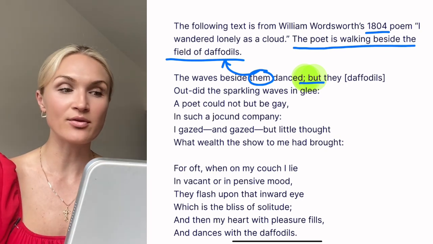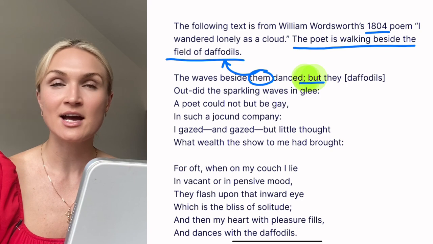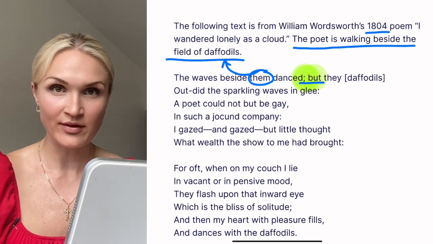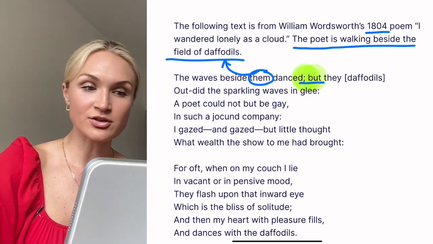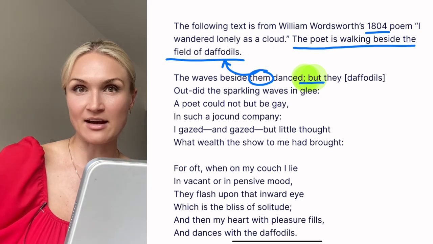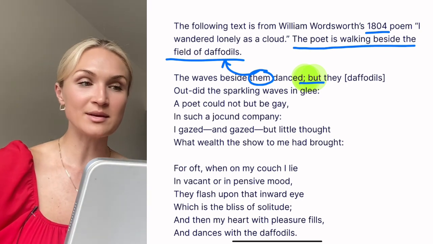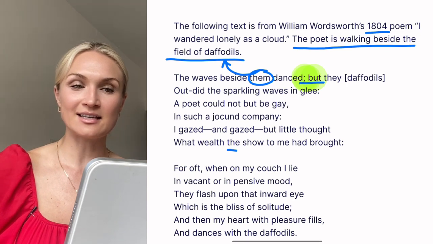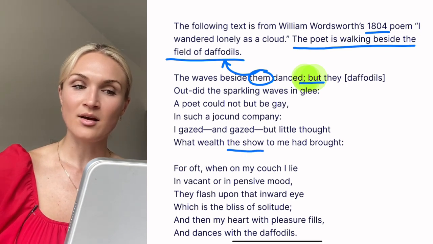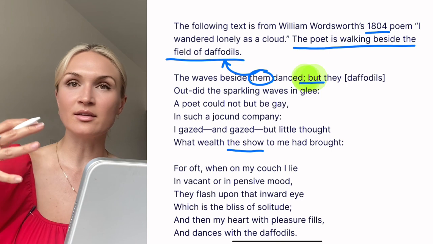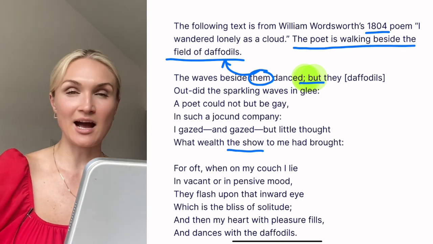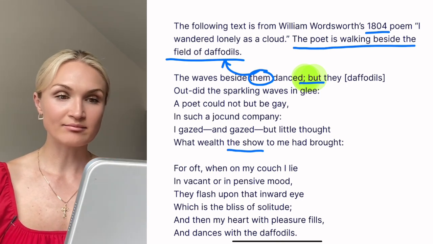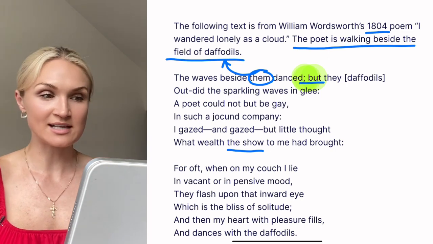And by wealth, he means the enjoyment, how much value this show, and by the show, he's probably talking about the daffodils. He's walking beside a field of daffodils, and he's gazing and gazing, and he's thinking, how much of a wealthy person I have become by being next to the daffodils.